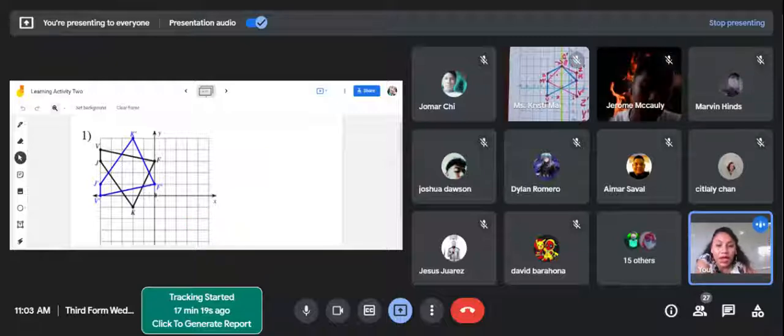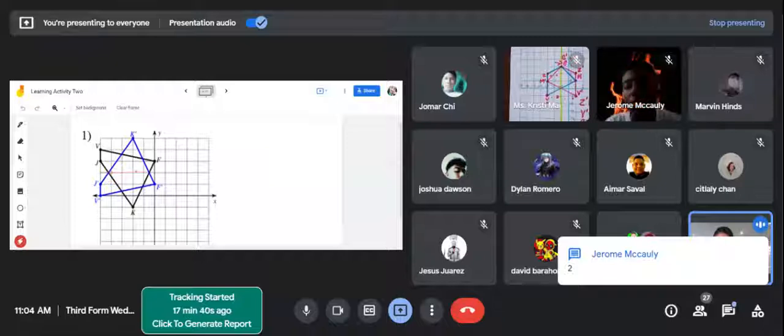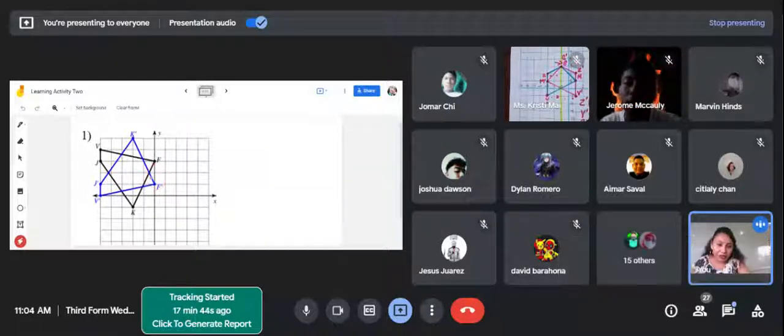If I take a look at this image, the reflection is happening right in between F and F1, right here. This is where the reflection is happening, because F is here and F1 is here. So the reflection is right in between.